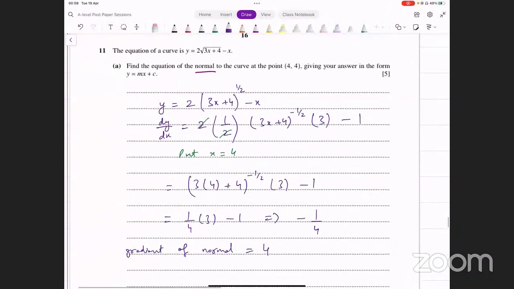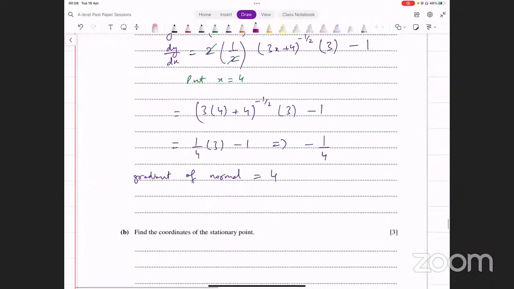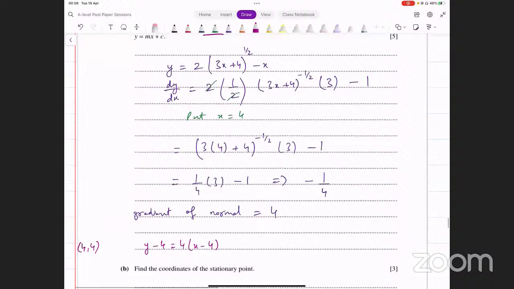अब उसने क्या कहा? equation लिखनी है. We've got the point, we've got the gradient, equation लिख दें. Point क्या था? 4, 4. Y minus y1 equals m into x minus x1. So that's y minus 4 equals m, that's 4 into x minus 4. That's the equation. अगर उसने आपसे कोई specific form नहीं मांगी हो, it's okay to just leave it like this.